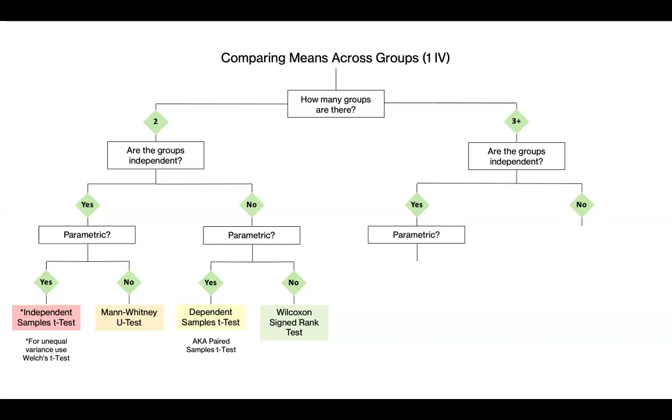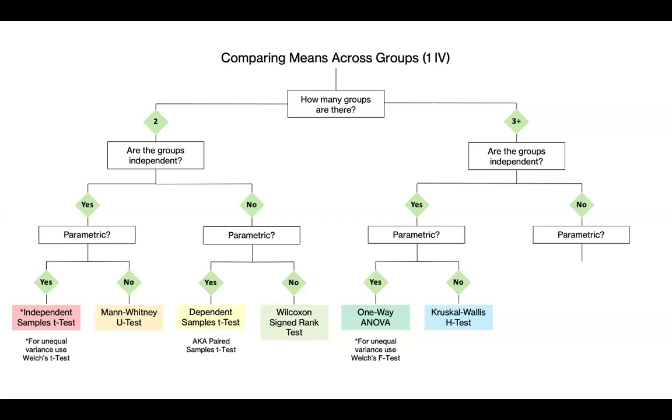If yes, the question that you would address is, is it parametric? If yes, you're going to do a one-way ANOVA. Again, for this test, you have an option to use the Welch's F test for unequal variances between your groups. And if it's non-parametric, you're going to do a Kruskal-Wallis H test.